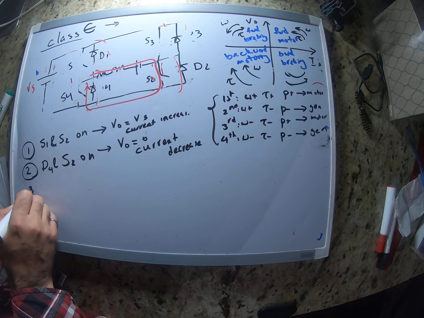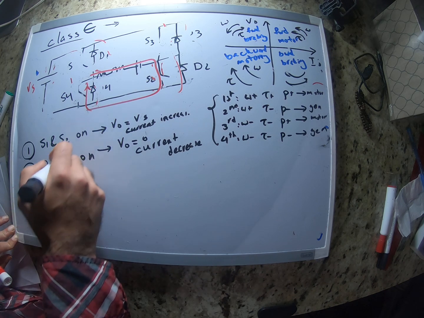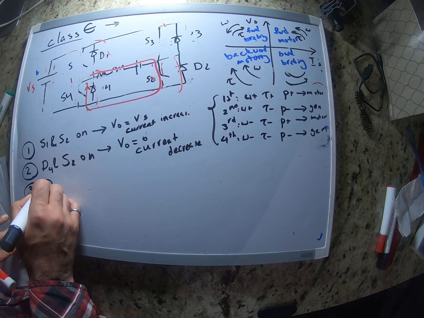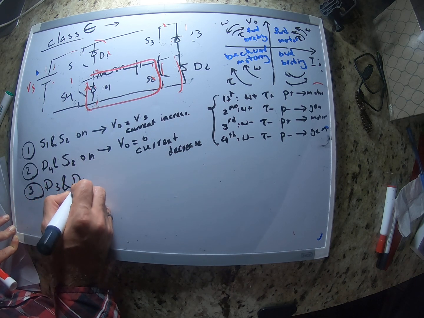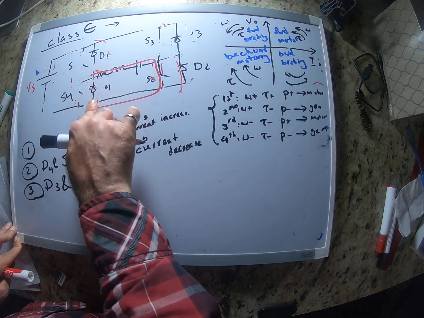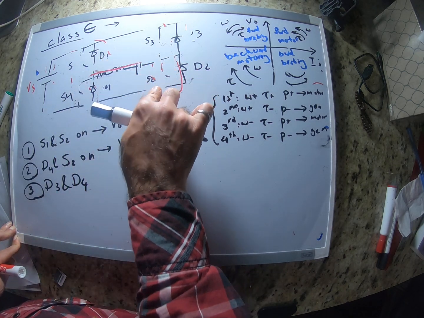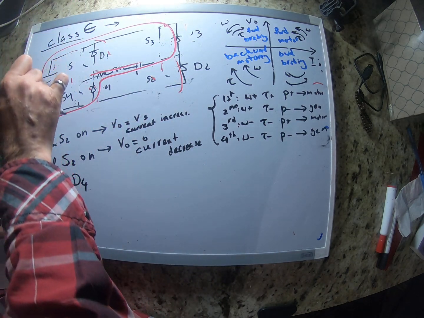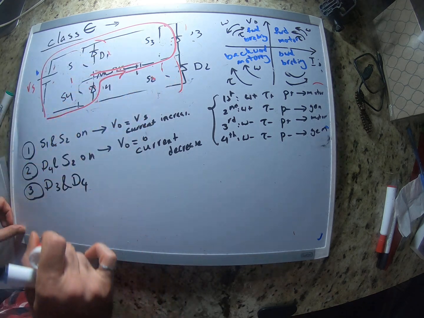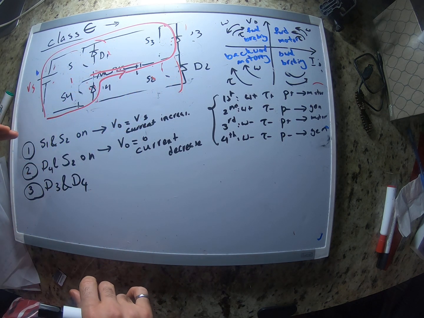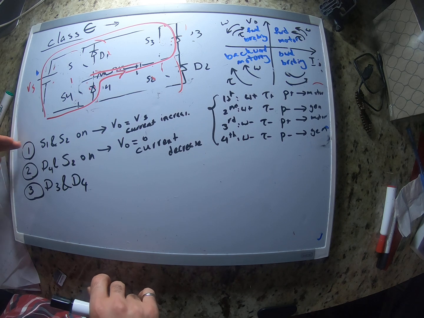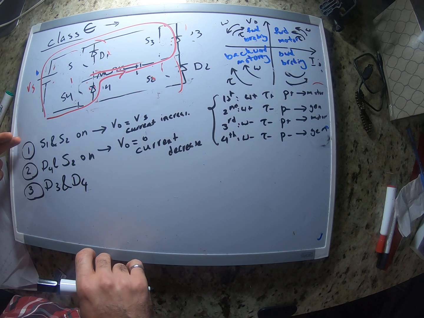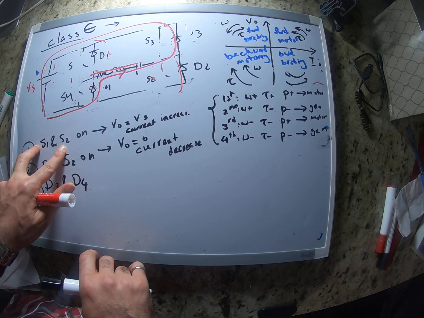Then let's assume that at this point S2 goes off as well. So D3 and D4 in this case are going to conduct the current. We first assumed that we go directly from this state to this state, but we might have two switches that are not synchronized.